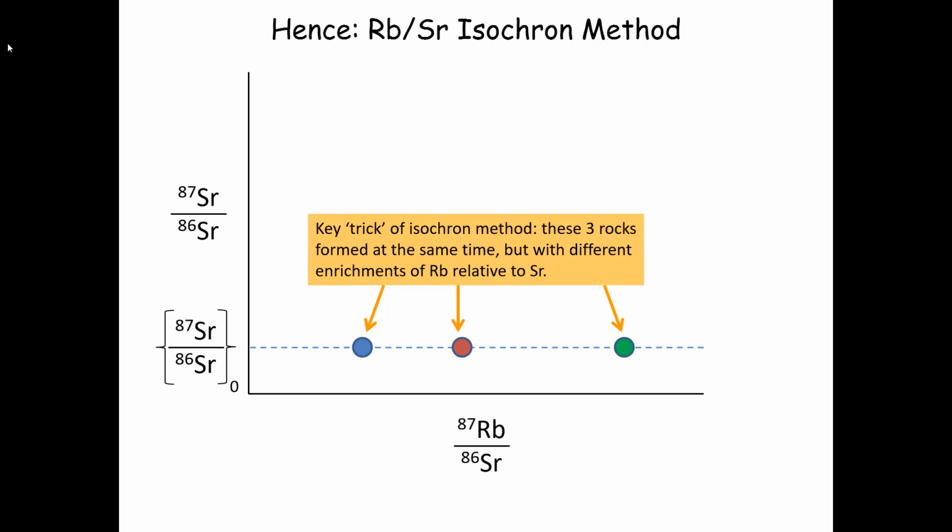So that's the trick of this isochron method. At the same time, three different rocks form that have different ratios of parent to daughter, rubidium to strontium, but identical strontium-87/86 ratios, identical initial daughter ratios. And now let's see what happens when these three rocks age.